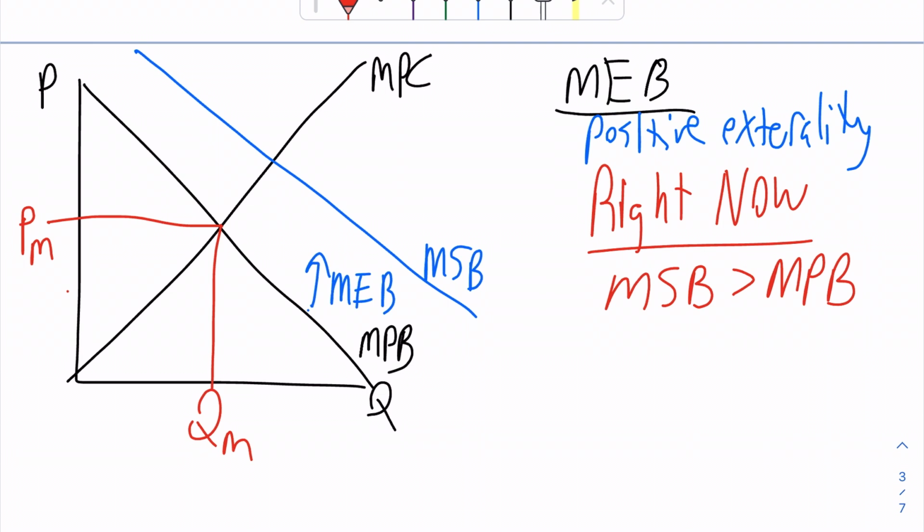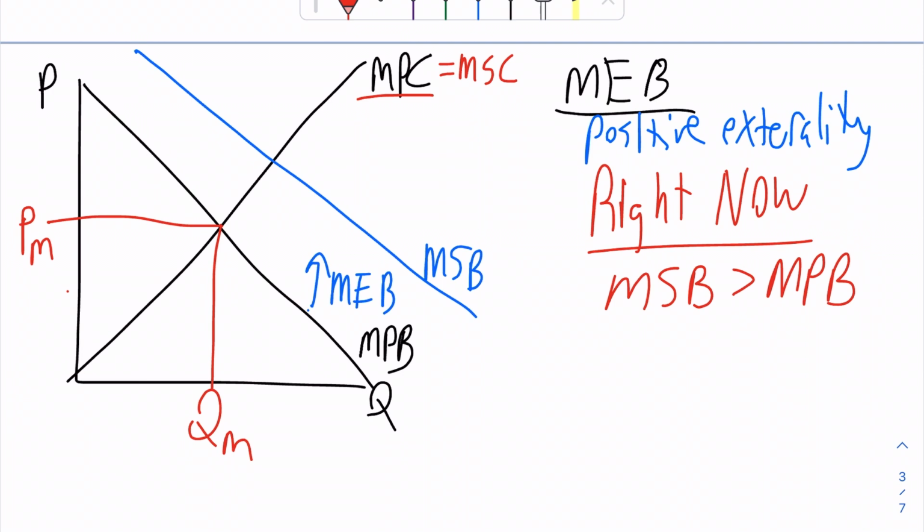Now, did we mention anything about cost? Right. So no. So your cost stays the same. So that would mean that your marginal social cost is the same as your private cost. Okay?